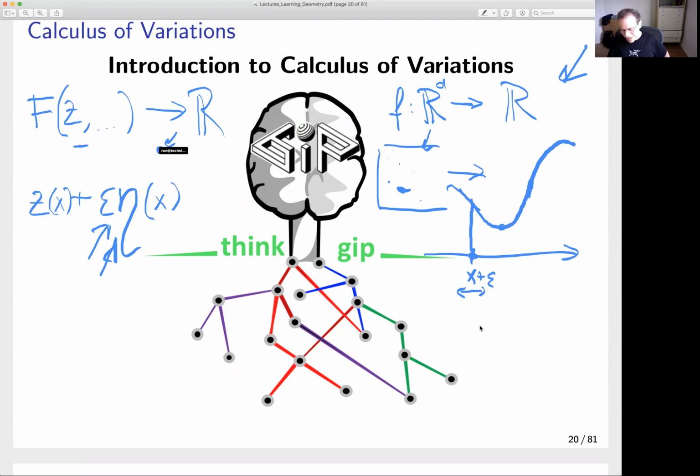At the end of the day, if you're at an extreme point, the derivative of f with respect to x equals 0. So this is a local condition that would tell me if I'm at a local maximum or a local minimum, okay?